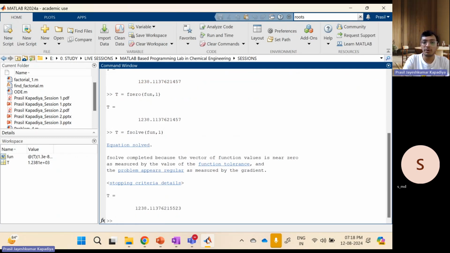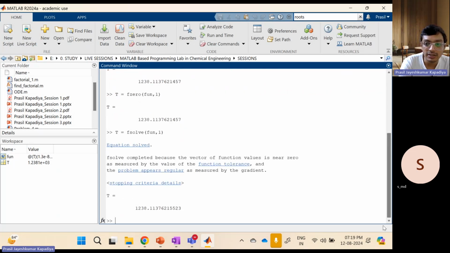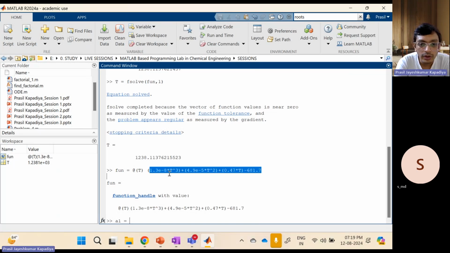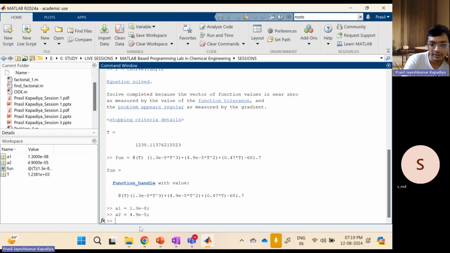We can get them using the roots command. It's a cubic equation, so I will just copy these coefficients from here only. Let's say a1 is equal to this value, a2 is equal to this 10 to the power minus 5, correct?